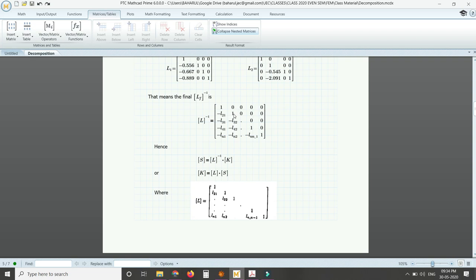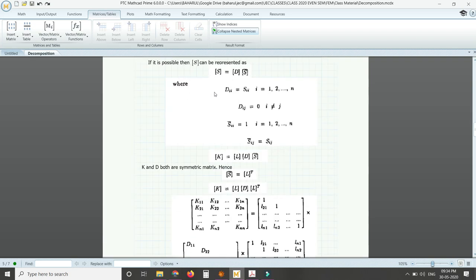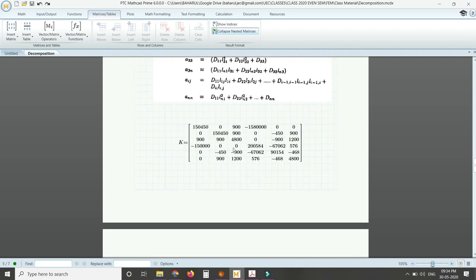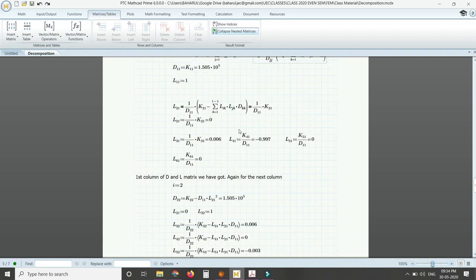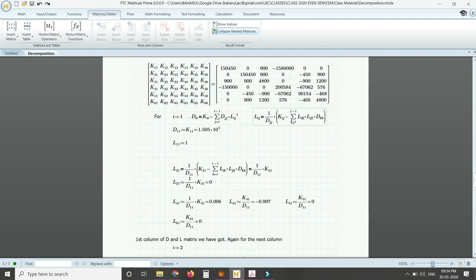L22 is 1, and L32 we have a value. So let's see how you can find L32. You just put the values in this particular general equation. We want to find L32, so I is 3, J is 2.